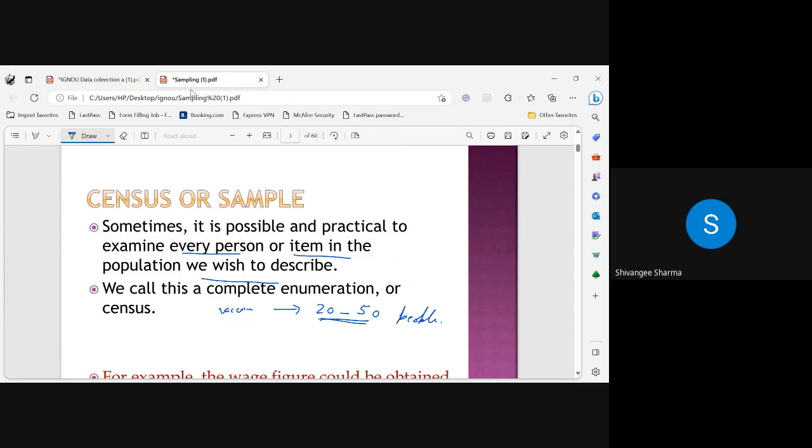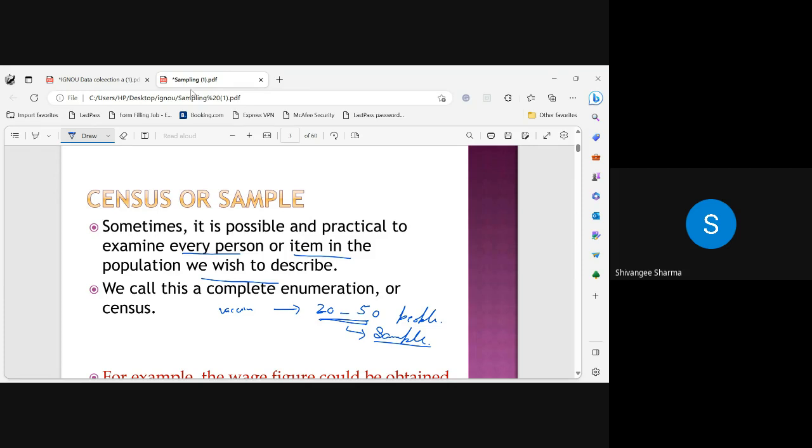These 20 to 50 people will become the sample for that. Okay, and all the people who are or who can come into contact with COVID-19 will be the population. Why were there always problems and rumors that we should not take the COVID vaccine because it is not properly tested? Because the sample size for that particular vaccine test was very small, right?